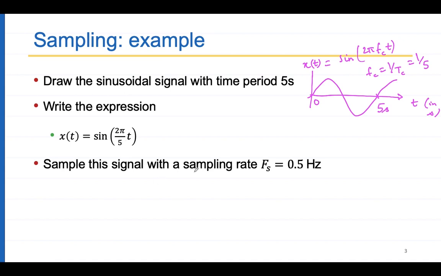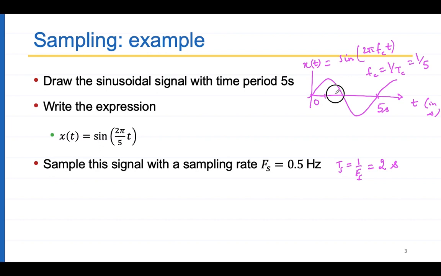Now sample this signal with a sampling rate fs equal to 0.5 hertz. So what will be the x[n] now? Let's see first. If my fs is 0.5 hertz, this means my Ts is 1 upon fs, which is equal to 1 upon 0.5, which means 2 seconds. So I am sampling this every 2 seconds.